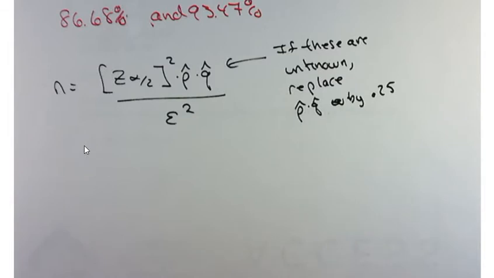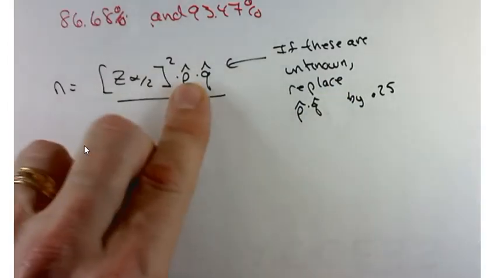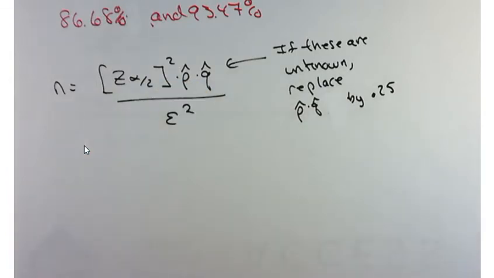So if you don't know what those are, that's fine. We'll take that out of the equation and just write in a 0.25. So this is a way you can figure out, well, how big of a sample do I need if I want to limit my error?